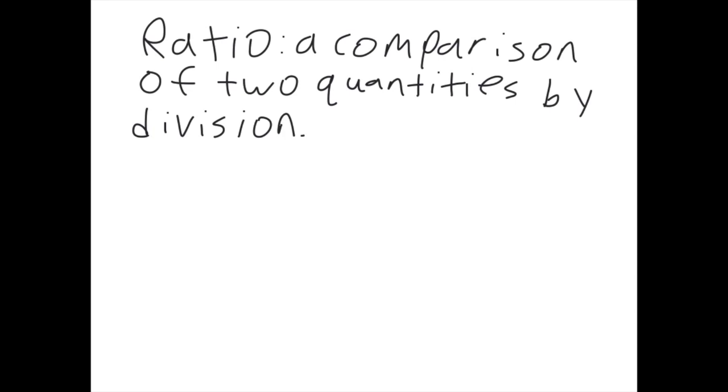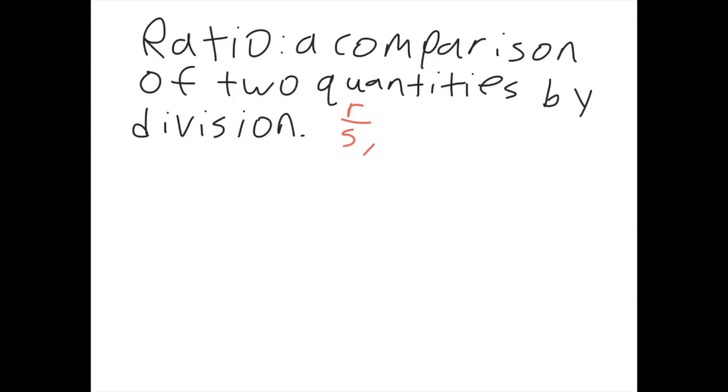First, a ratio. A ratio is a comparison of two quantities by division, and they can be written in different ways. So, one way to write them is by writing a fraction, r over s.